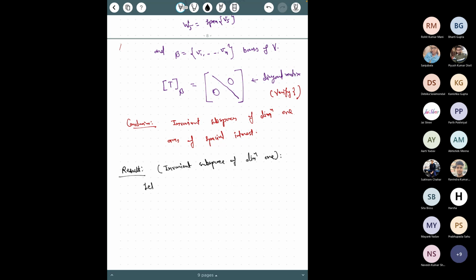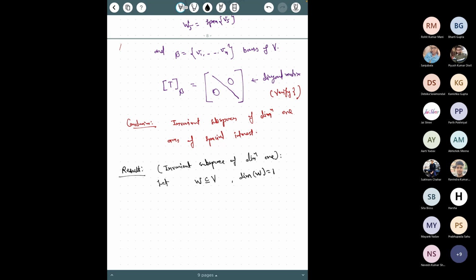So let W be a subspace of V such that the dimension of W is equal to 1.